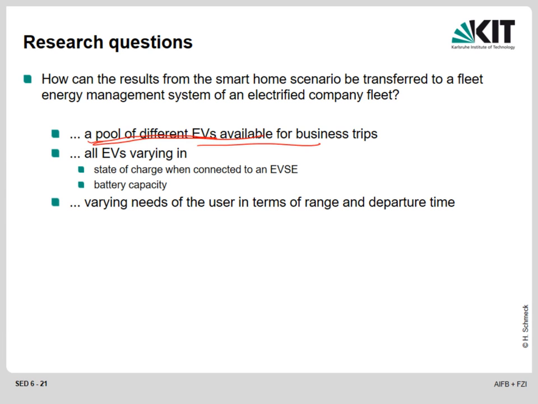There are projects running, and if you have vehicles for business trips, it's a different way of planning the trips than if you have just a private car. Or you have the car sharing providers. If they have electric vehicles, they must make sure that the vehicles are always fully recharged when they are rented out again. This is also a different topic.